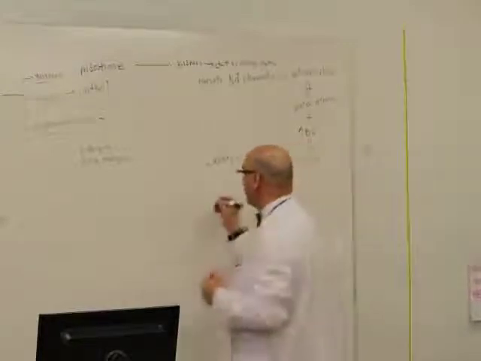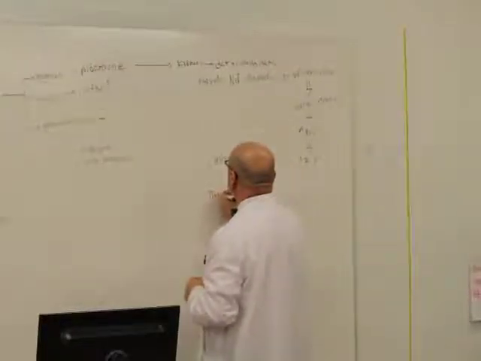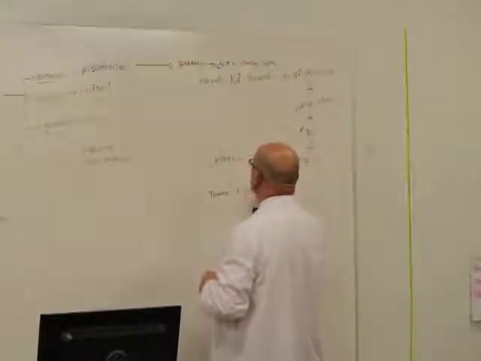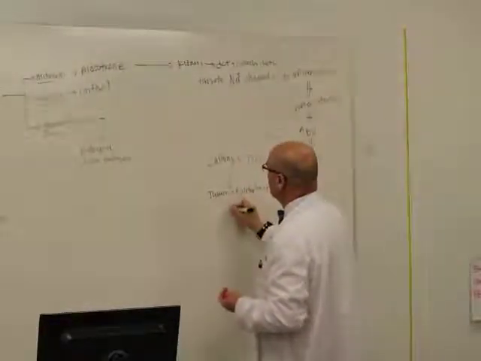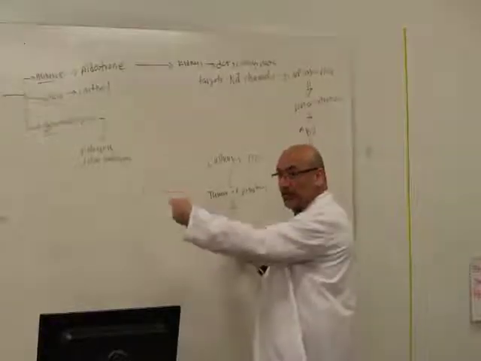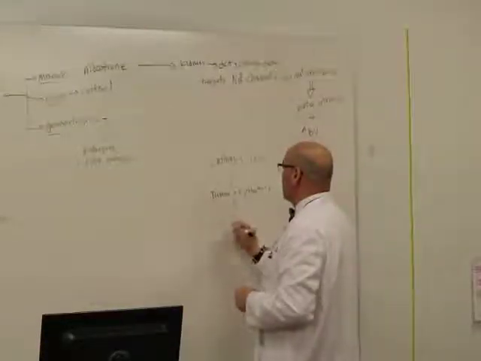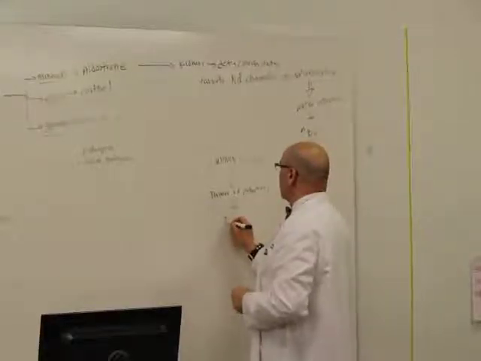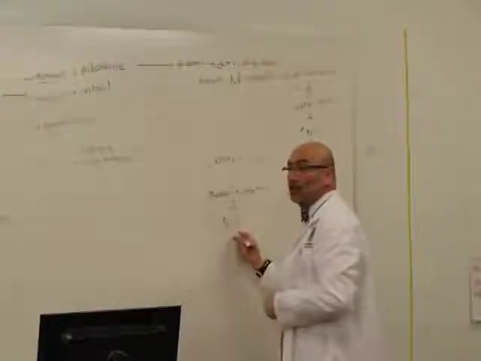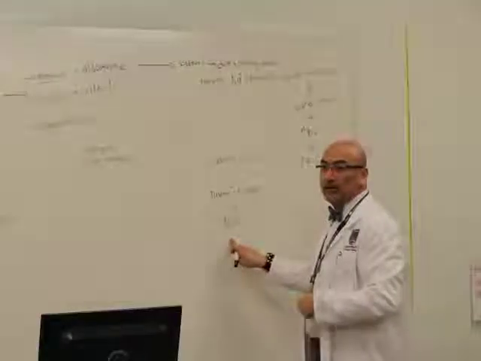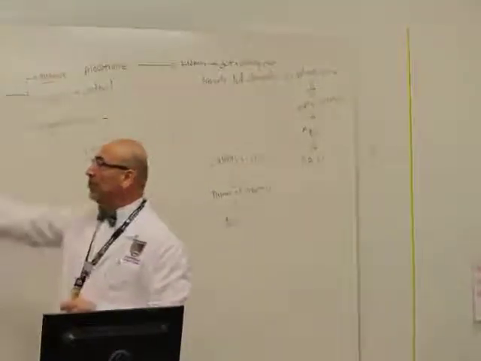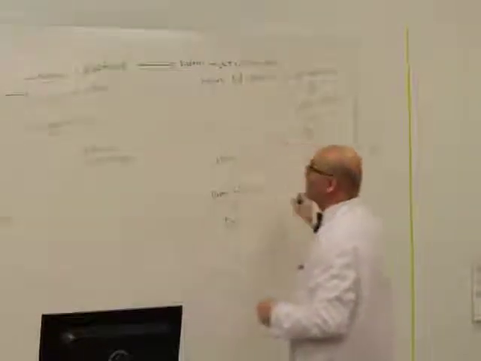So if you get a tumor, one of the things that you get to see is overproduction and release of this hormone, right? ACTH. And then we know what that does.